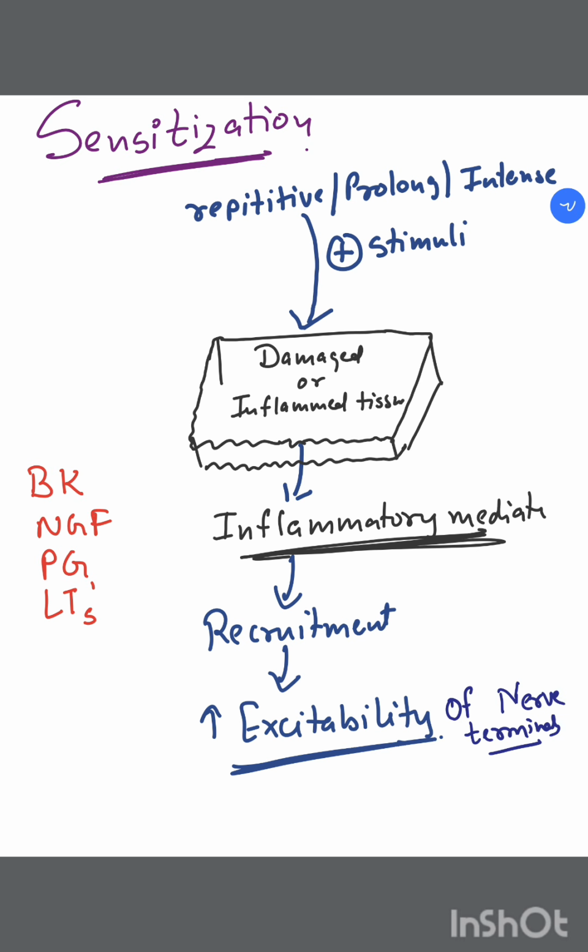Maybe you spent a lot of time in hot, humid sun, and there is a sunburn on the skin, and you pour cold or hot water on that burn. Maybe that water was only warm, not that hot, but still you will feel extreme agonizing pain at that region. Hence the term sensitization.